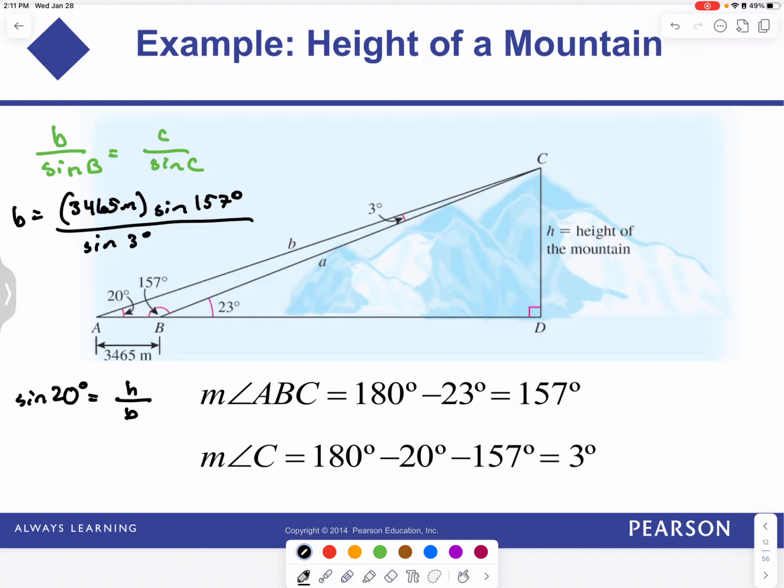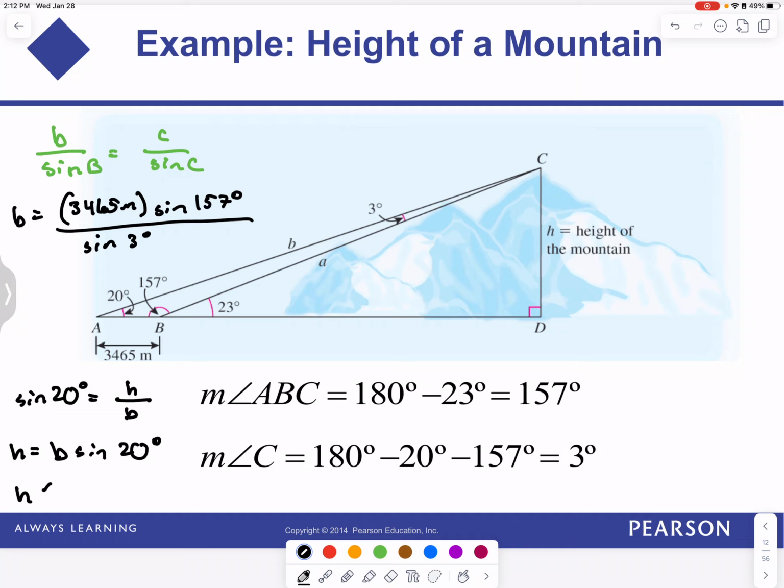So then long story short, h should be equal to b times the sine of 20 degrees. Okay. So we could just multiply the result that we have up top by the sine of 20 degrees, and that should give us our desired h, okay?